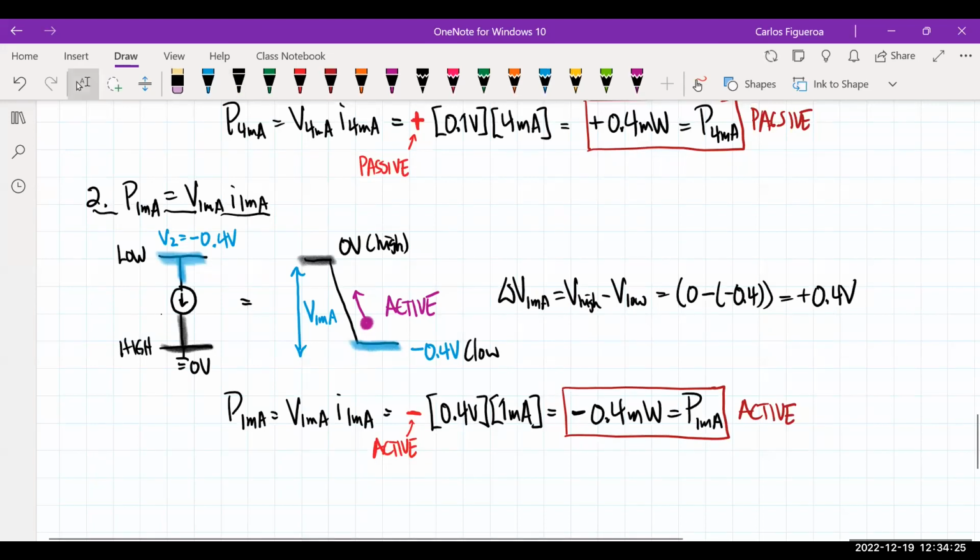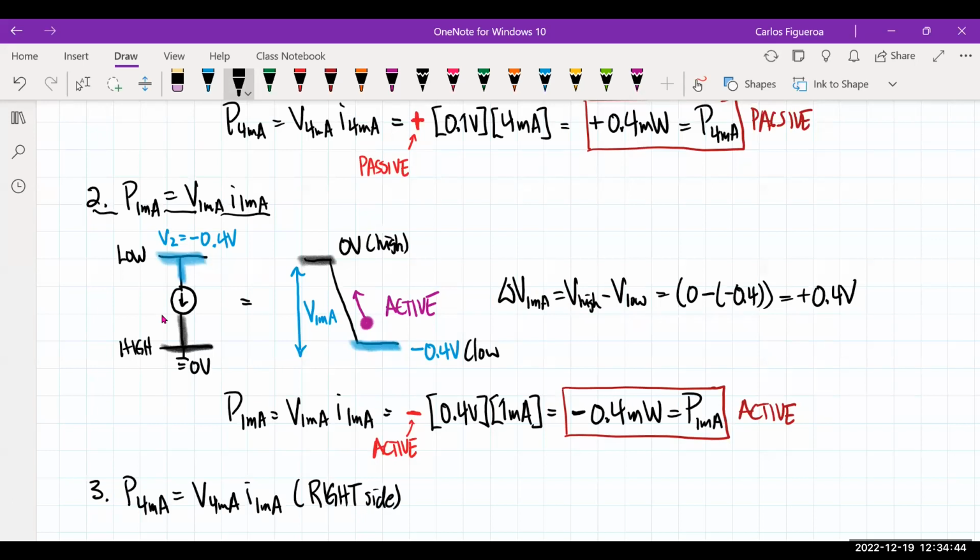So now the last one here, I'm going to do the power of the 4 milliamp, which again will give me this guy again. But this one is the right one. So it's on the right side of the circuit. So let's go look at this.